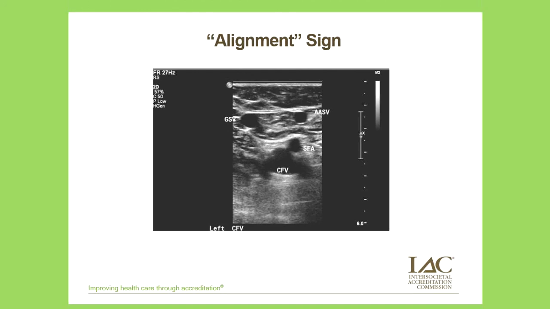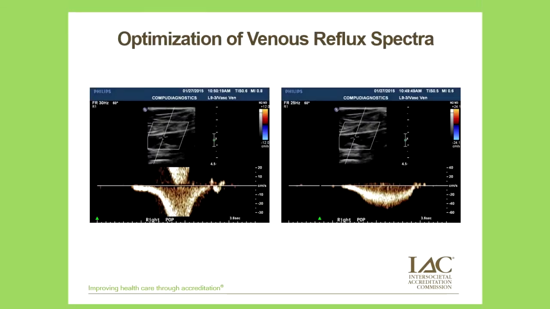So it's often misdiagnosed as the great saphenous vein, when actually it's the accessory saphenous vein. And so this is very important, particularly when you have 2 veins and you go to do some type of treatment, either with thermal or chemical ablation. It's very important that you're treating the correct vein, and if you've mislabeled or misdiagnosed the patient, obviously you're not making the correct diagnosis.